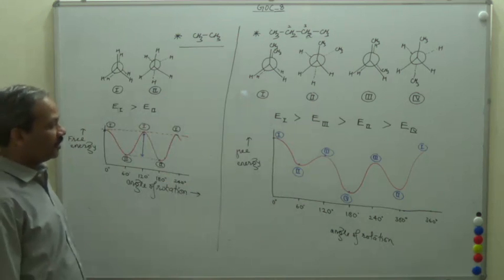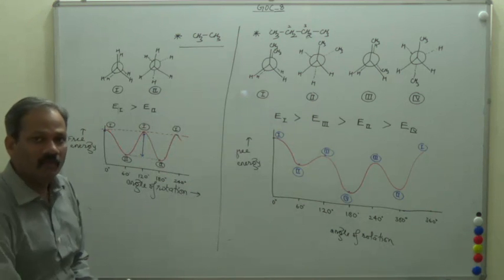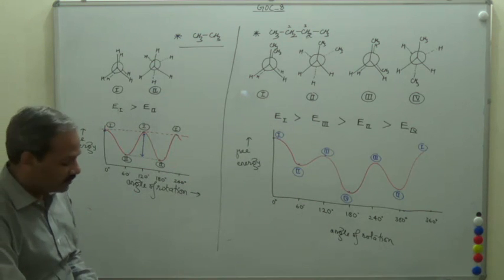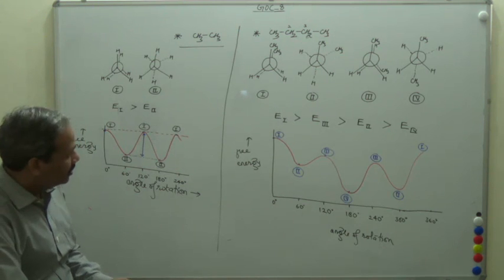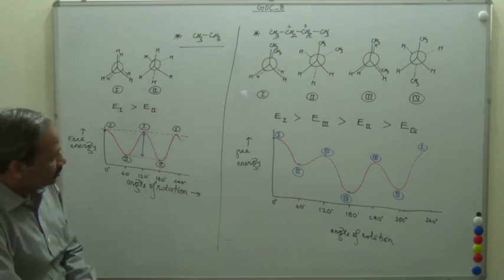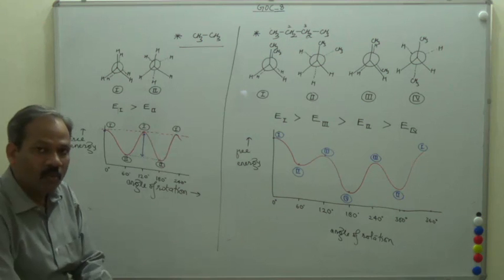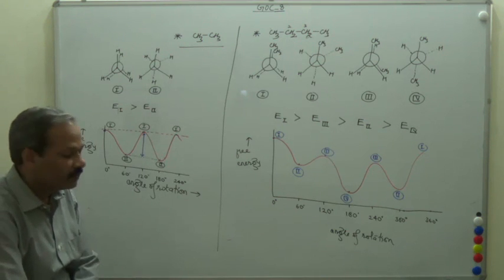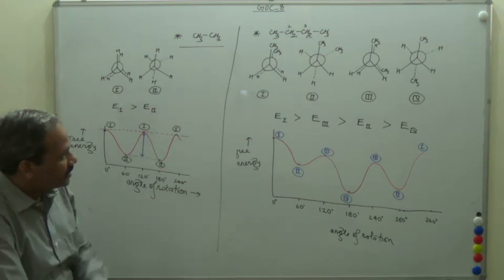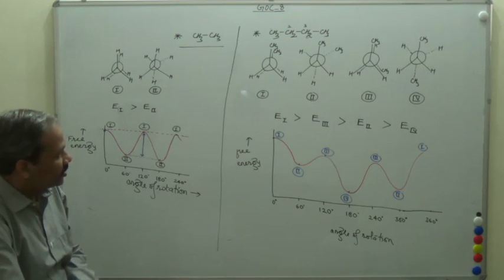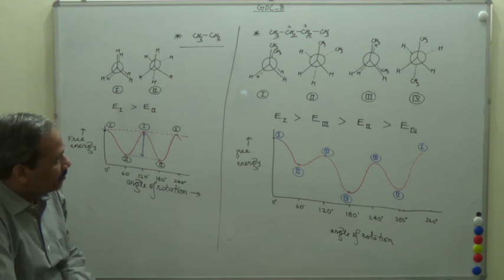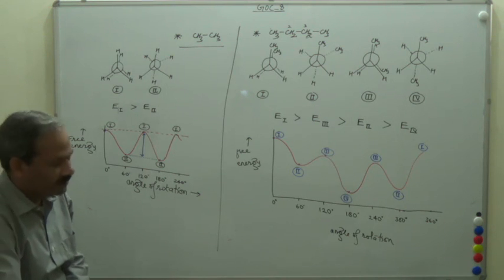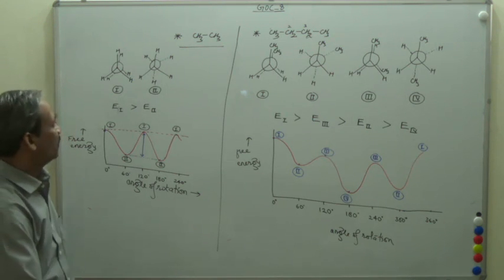There is no need to remember the exact value of the energy barrier between any two conformers. Just remember them in qualitative form, not quantitative form. Qualitative form means the anti-staggered form will be more stable than the gauche-staggered form, that will be more stable than partially eclipsed, and that will be more stable than fully eclipsed.